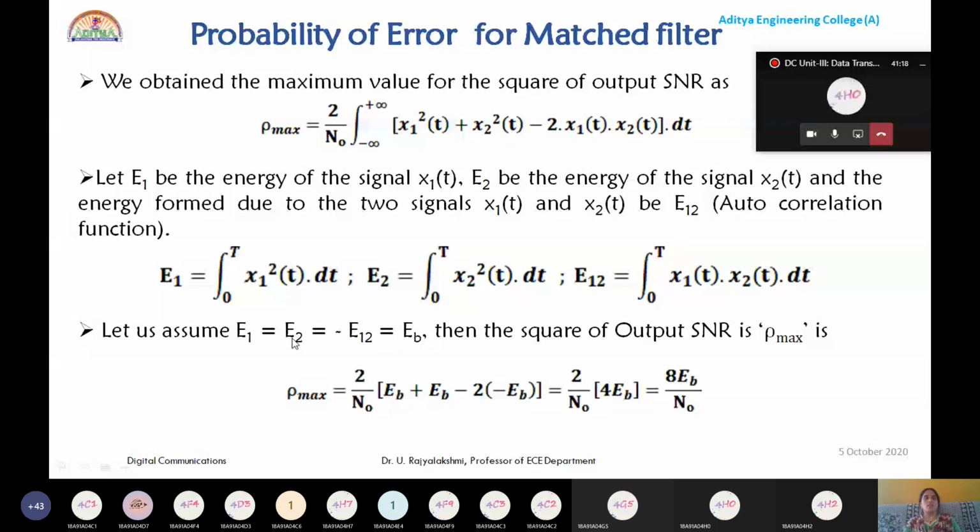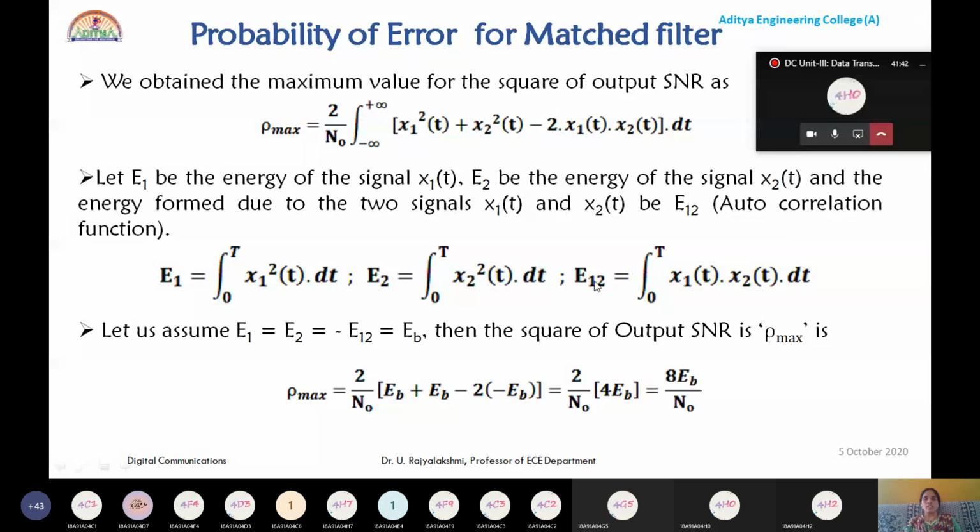In general, the energy of the signal x1 of t, where signal x1 of t is of magnitude plus A, is equal to the energy of x2, as 2 by N naught integral minus infinity to plus infinity x2 square of t.